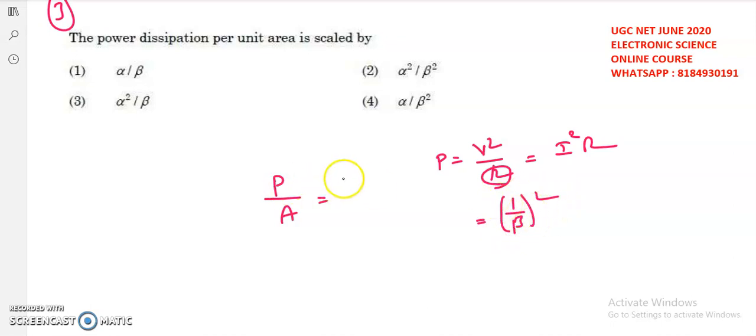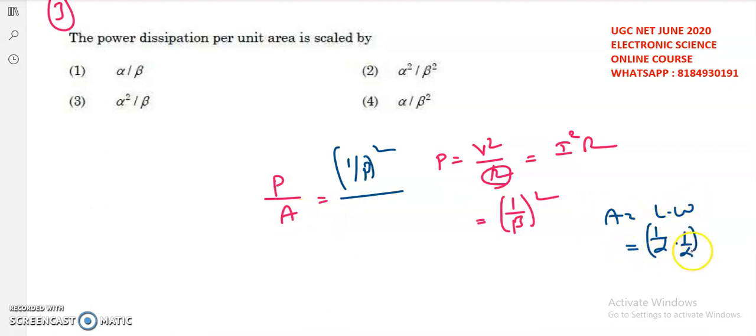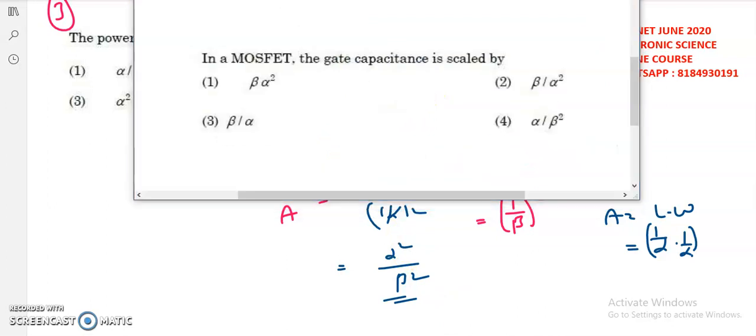After scaling, we take this parameter as 1 divided by beta whole square, divided by the area, where area is length into width. The length is 1 by alpha, and the width of the channel is also 1 by alpha, so 1 by alpha into 1 by alpha is 1 by alpha whole square. So totally it becomes alpha square by beta square. That means the correct option for the power dissipation per unit area is alpha square divided by beta square.